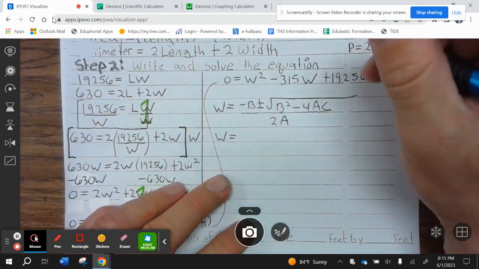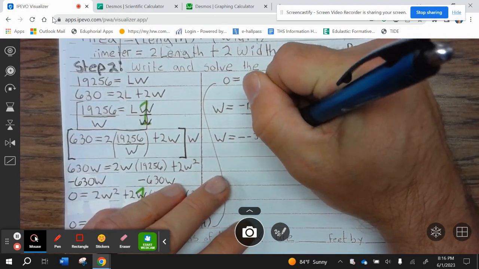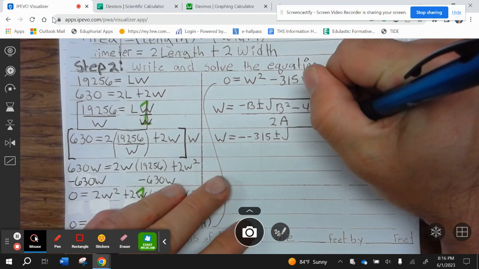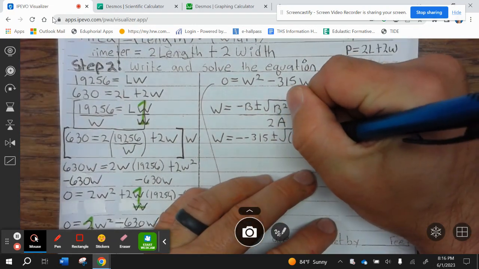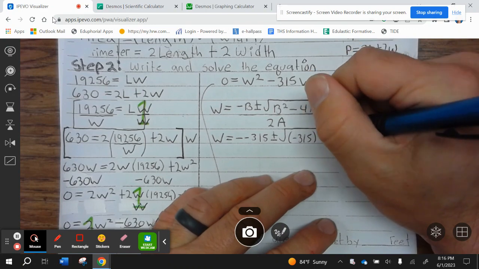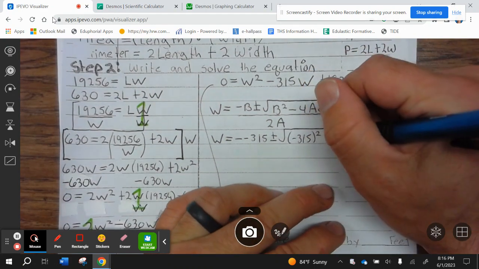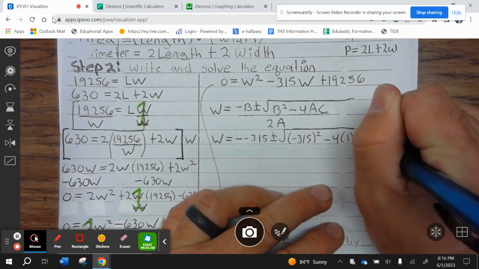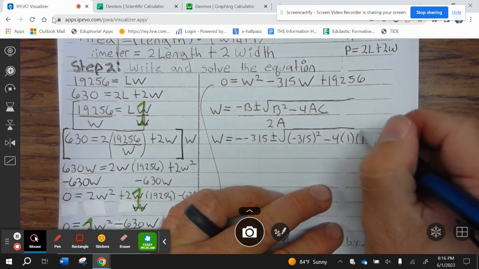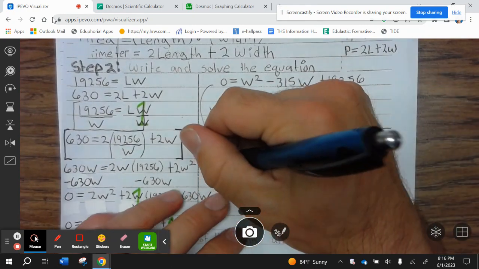So w equals negative negative 315 plus or minus the square root of negative 315 squared minus 4 times 1 times 19,256, divided by 2 times 1.